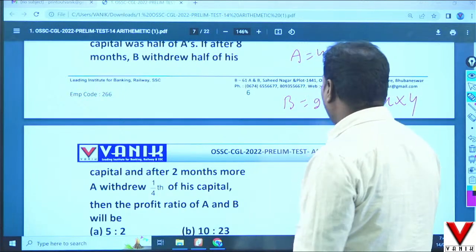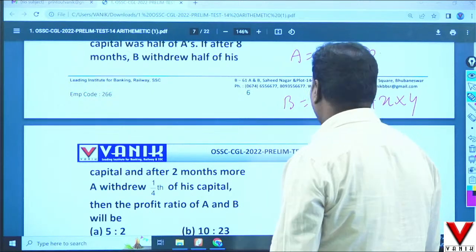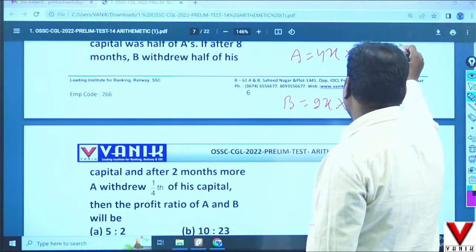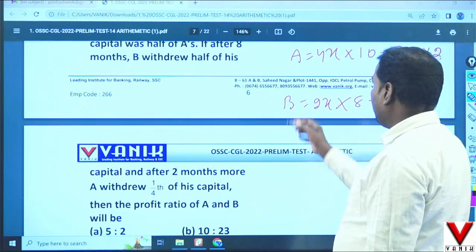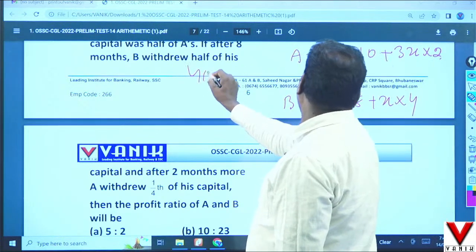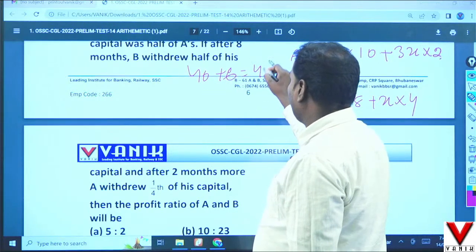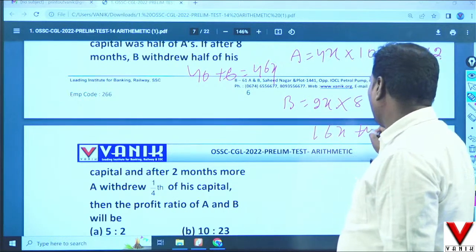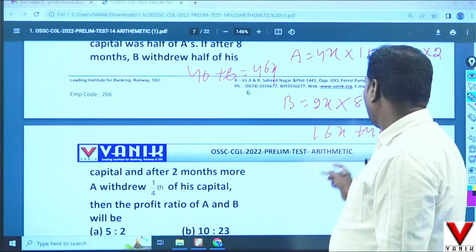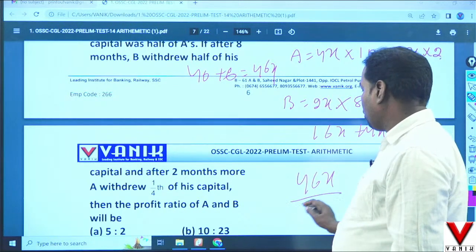And after 2 more months, into 10, A withdraws 1/4 of his capital: 4x into 10 is 40x, plus 3x into 2, which is 46x. B's investment is 16x plus 4x, which is 20x. So 46x and 20x.